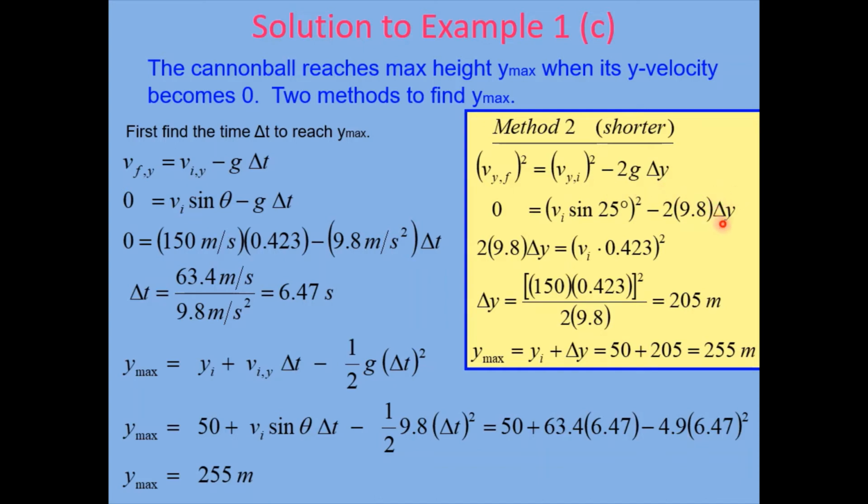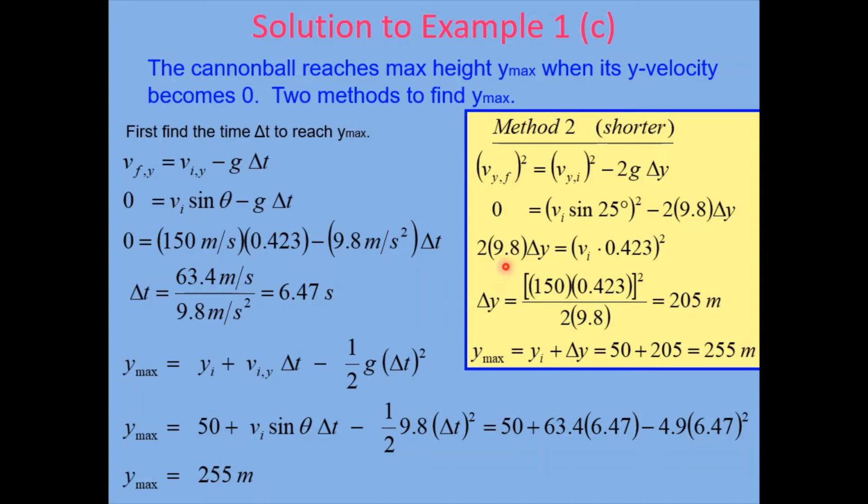What we're going to do is solve for delta y. We're going to find out how far this cannonball actually went upwards when it reaches a peak, when its velocity becomes 0. So all we have to do now is solve this equation for delta y. Let's move this negative term to the left side by adding it to both sides of the equation. This is just basic algebra.